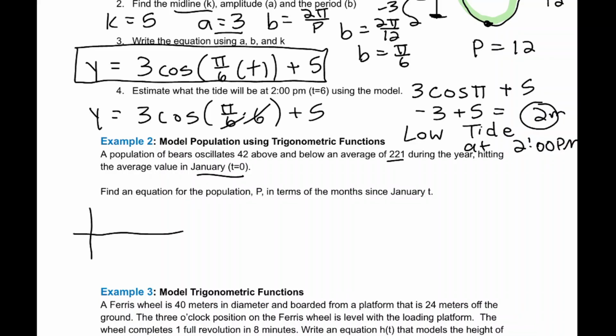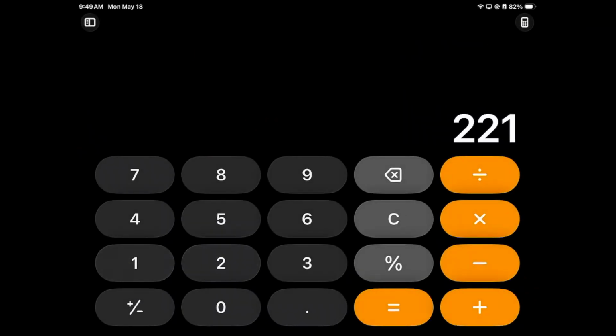So again, my average, the middle amount, is 221, and it's going to go up by 42. So 221 plus 42 gets me 263. Again, that's my max.